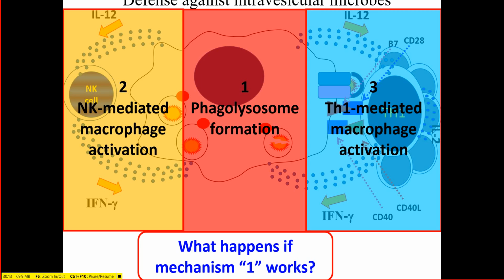I can move this. The correct answer is that yes, it still needs to present the antigen. T cells are still needed to come here. In a lot of situations, they need to differentiate to T helper 1s. They need to produce interferon gamma.